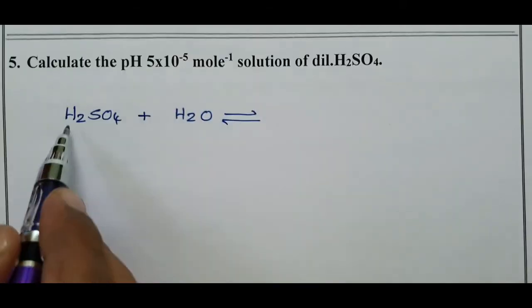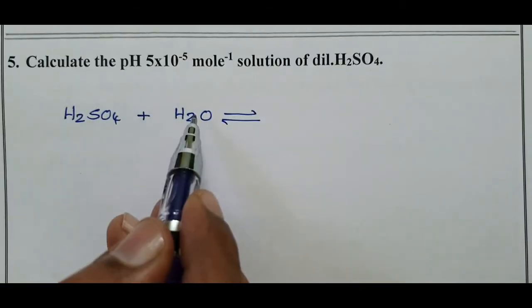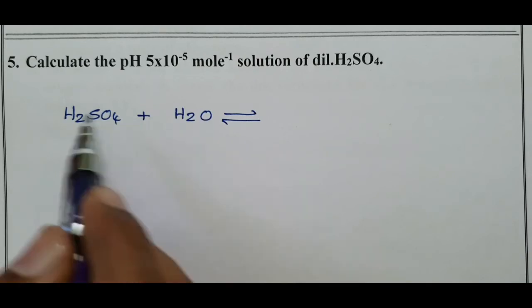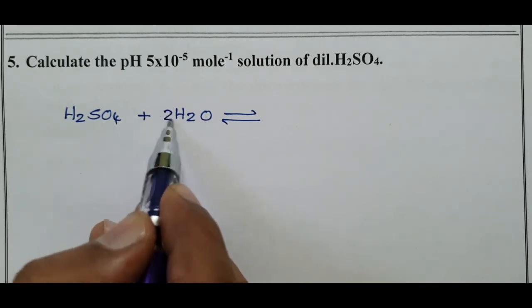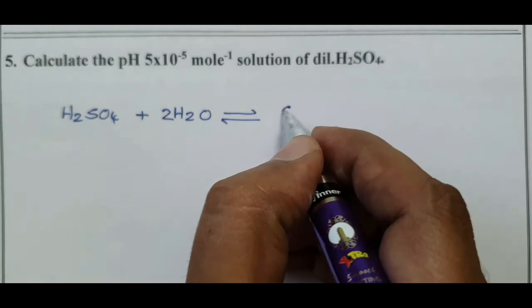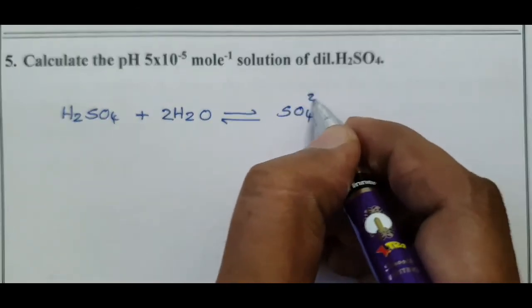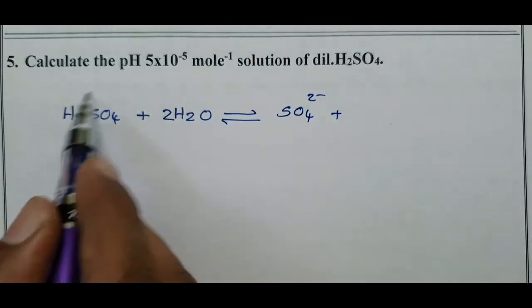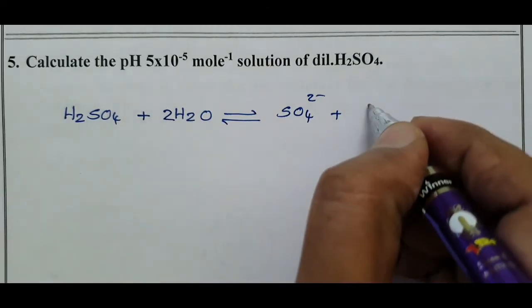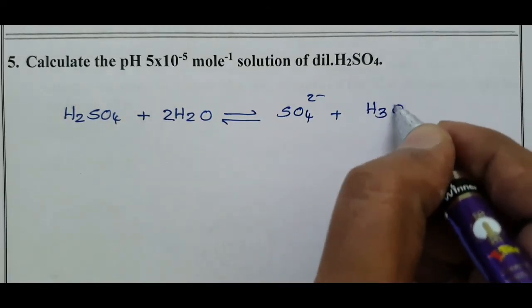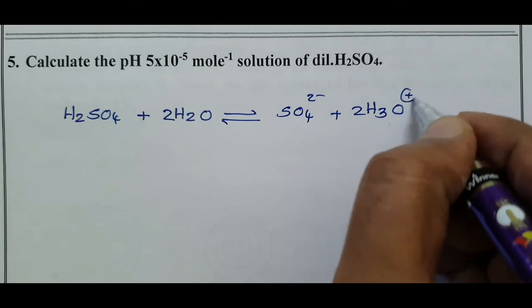Sulfuric acid has 2 H plus ions. One H plus ion is donated to one water molecule, another H plus ion is donated to another water molecule. Therefore, sulfuric acid is converted into SO4 2 minus ion, and the H plus ions are accepted by water molecules to form 2 molecules of hydronium ion.